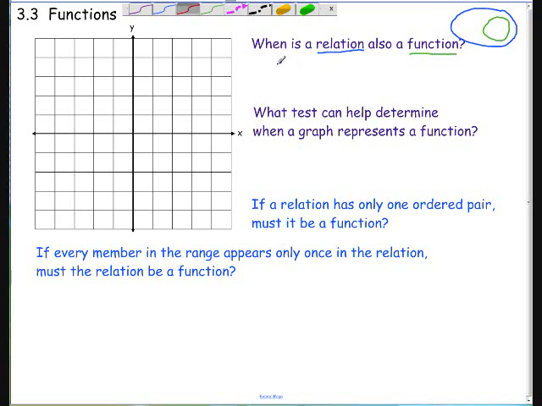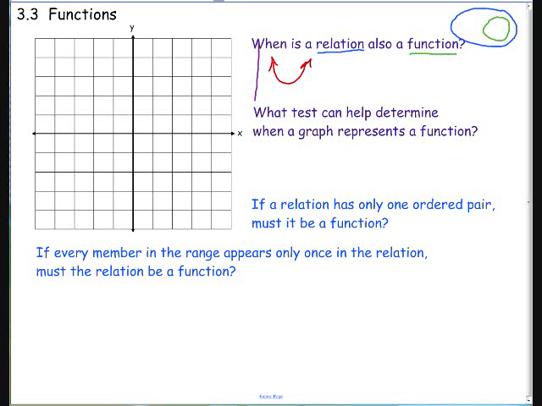When is a relation also a function? Remember the vertical line test? If I pass a vertical line over a relationship and I see that I only have one y for every x, then I say this is a function.